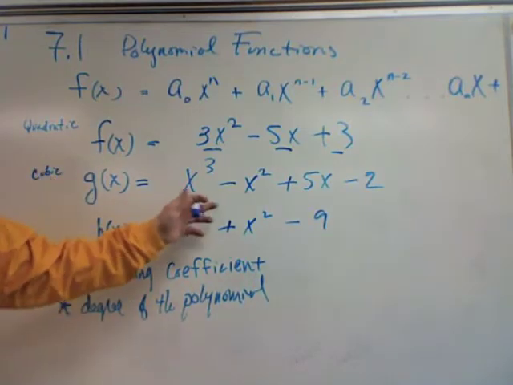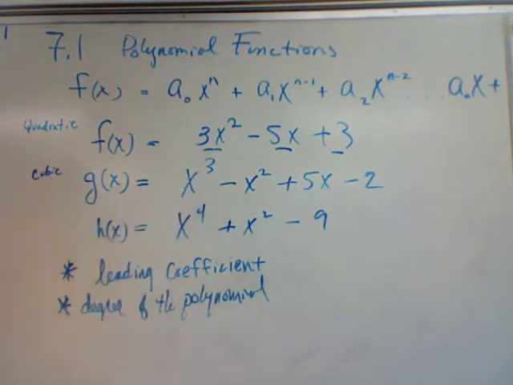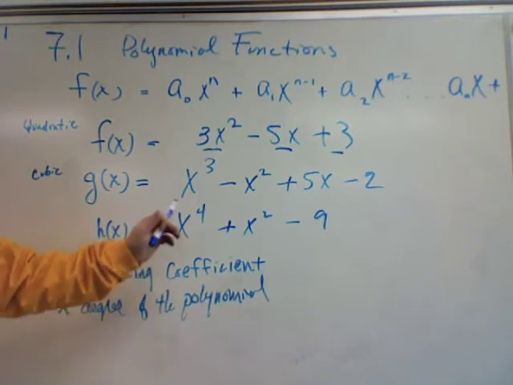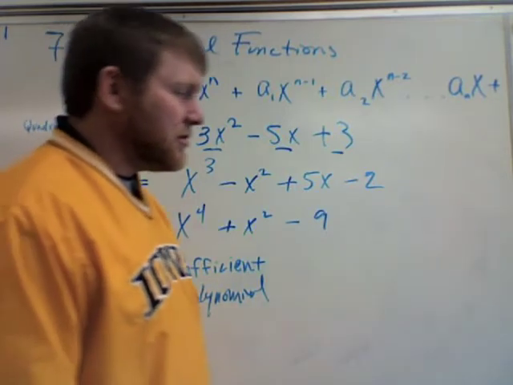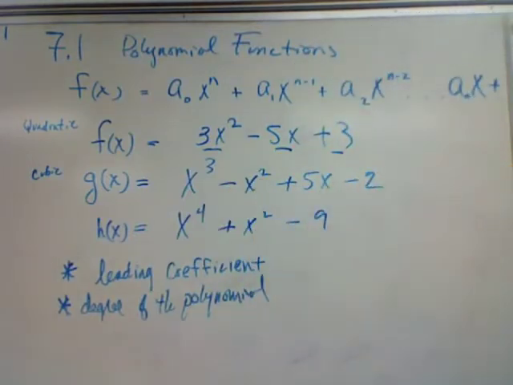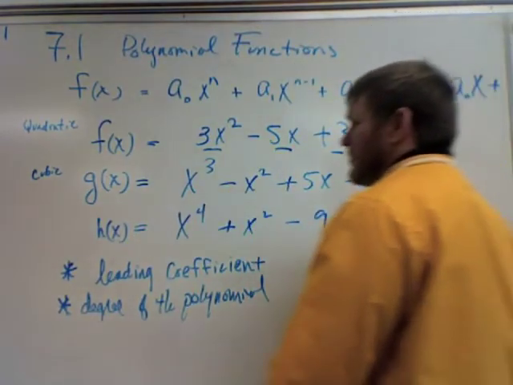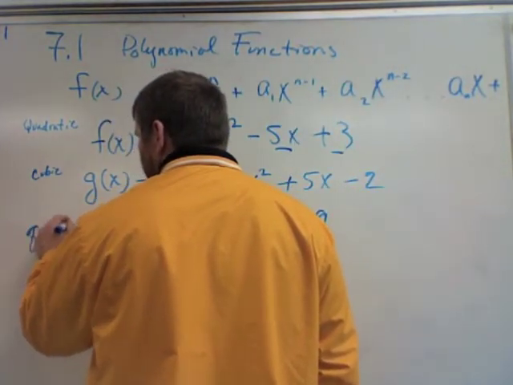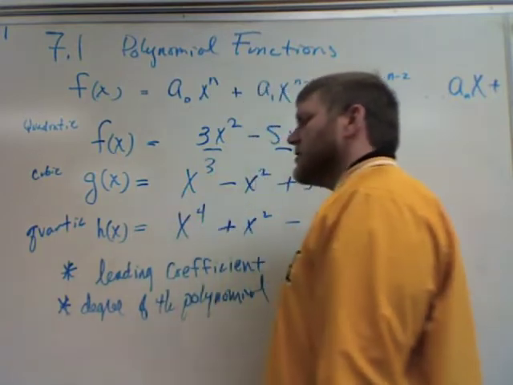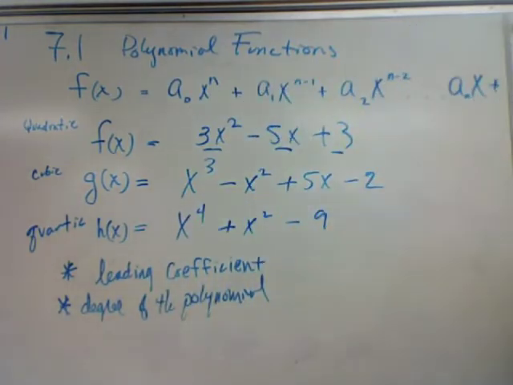Our highest term in this one is the x cubed term, therefore it's a cubic. And then I think the 4th is quartic, Q-U-A-R-T-I-C. Anything past that is usually just called a polynomial of a certain degree, I think.